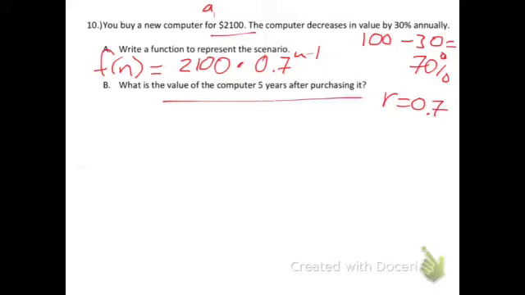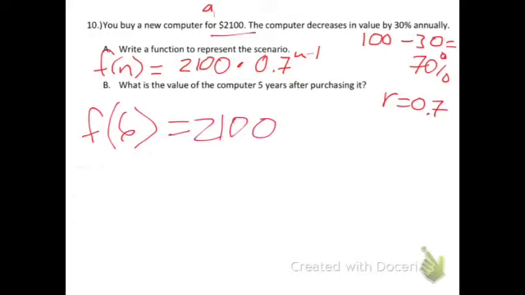And what's the value of the computer after 5 years? Well, we start counting the numbers in the sequence with year 0 being number 1, and so we need to find out the 6th term in the sequence. F of 6 is going to be 2100 times 0.7 to the 6 minus 1 power, that's 5.